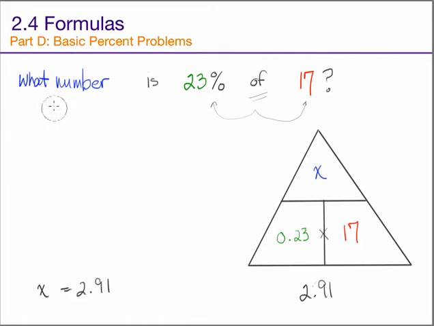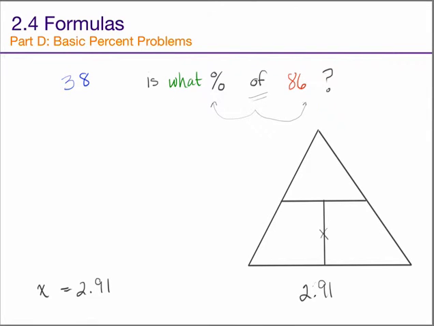The nice thing about this technique is that it doesn't matter what's in these different positions. If I have a number here, a different number here, and I don't know my percent, say, I'm still going to look for the word of, put these two things either side of the word of on either side of this vertical line.